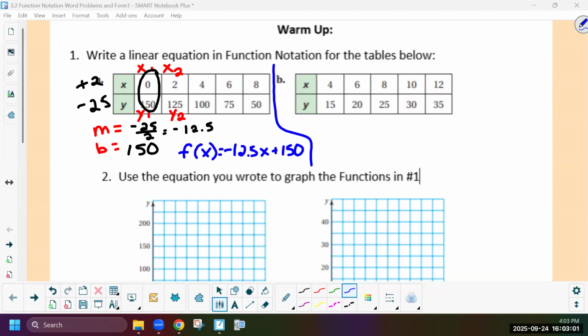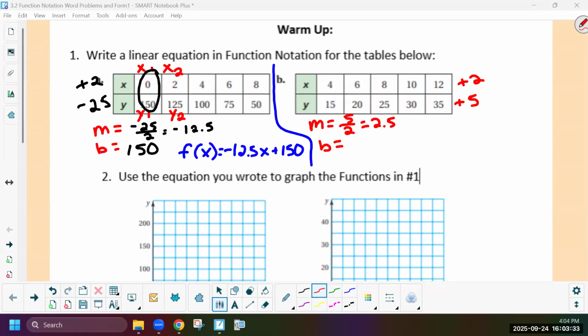All right, if you're looking at the second one, we're going to do the same thing. Let's find the slope and find the y-intercept. Okay, well, looking at my change in my x's, it looks like it is adding 2 every time. If I look at my change in my y's, it looks like we're adding 5 every time. So change in y divided by change in x would be 5 over 2, or 2.5.